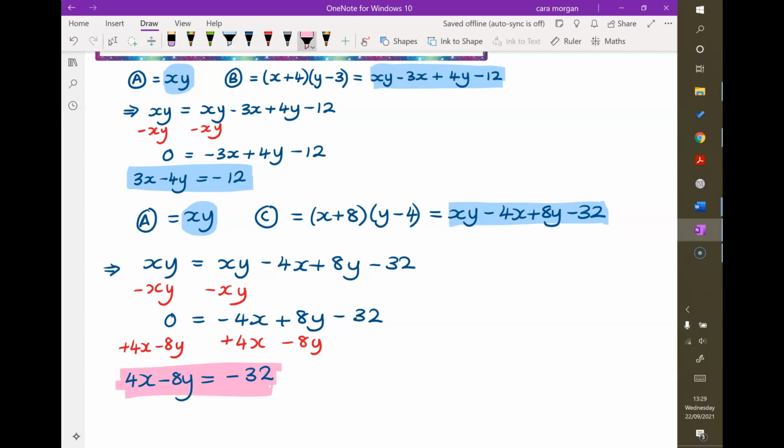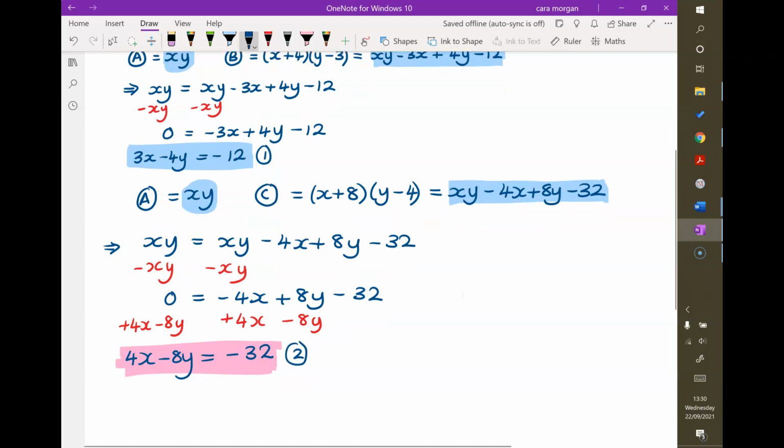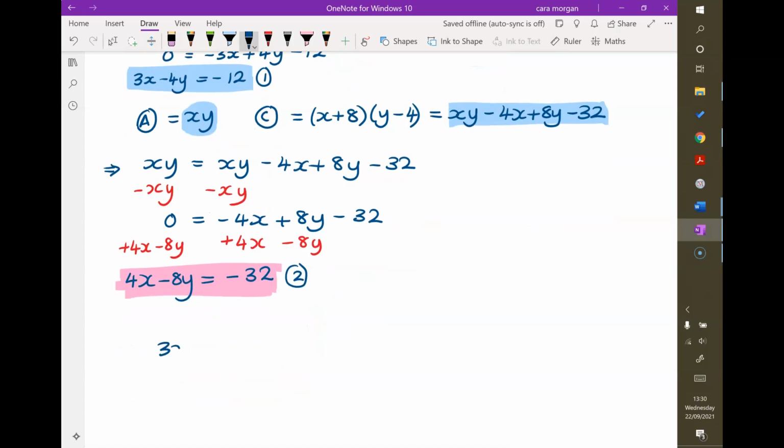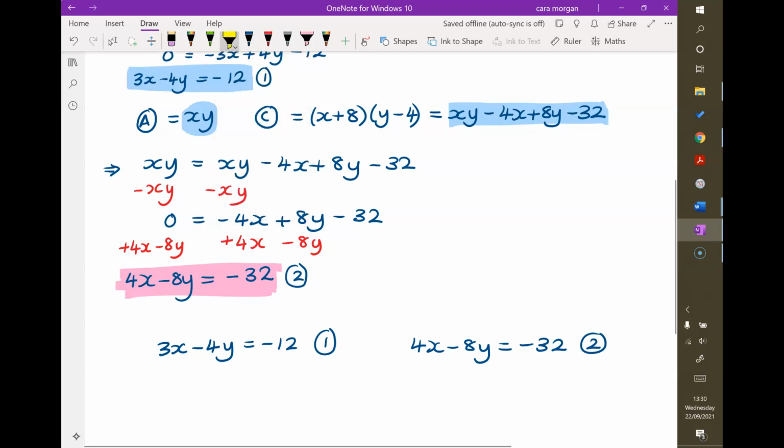So I've now got two equations, which I label equation 1 and equation 2. There are a number of ways I could solve these simultaneous equations. I'm going to start by writing them next to each other. Now, what I notice is that I have 8y in one of the equations and 4y in the other.